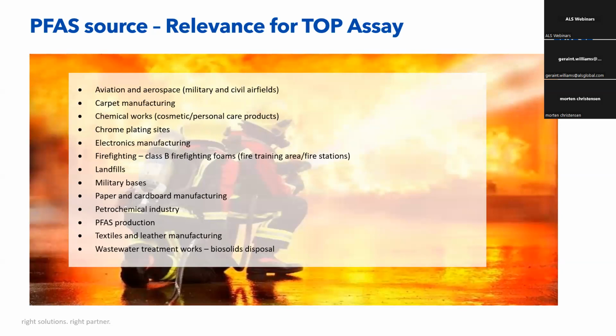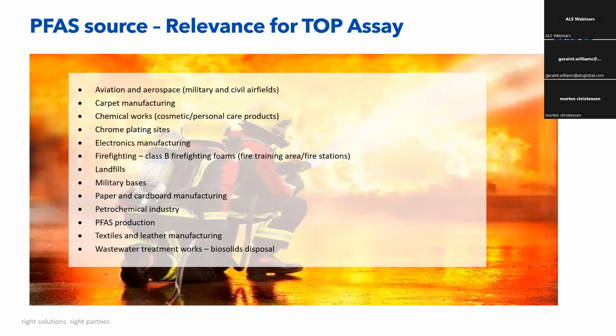There's many different sources of PFAS, and I just wanted to make you aware of where perhaps it is most appropriate to use TOP assay. I think most people are aware that the most dispersive use of PFAS is in the application of firefighting foams. So we're seeing high levels of PFAS wherever there's fire training areas or wherever there have actually been instances of fire.